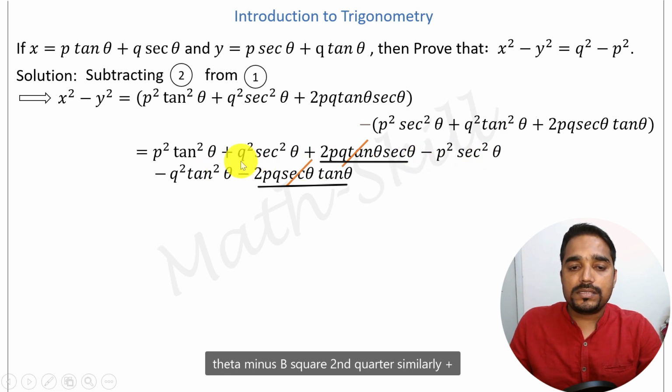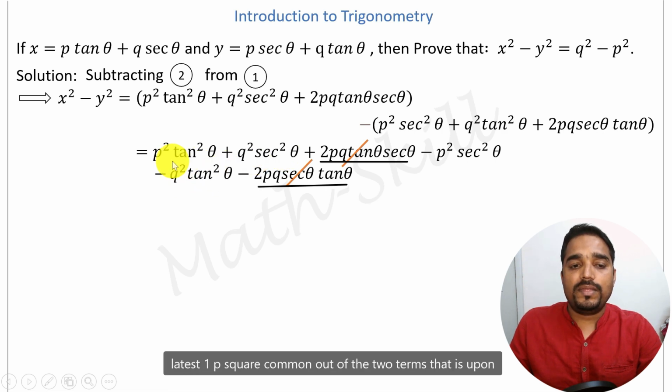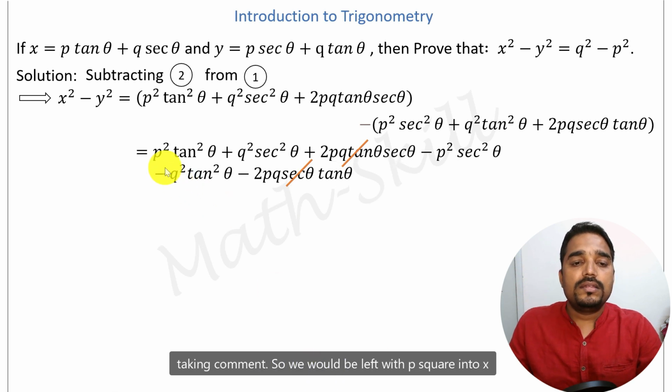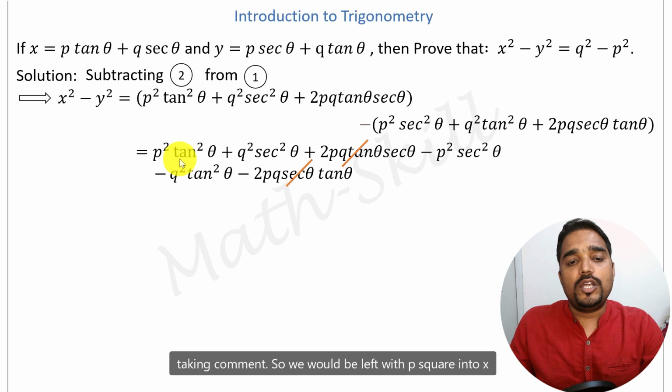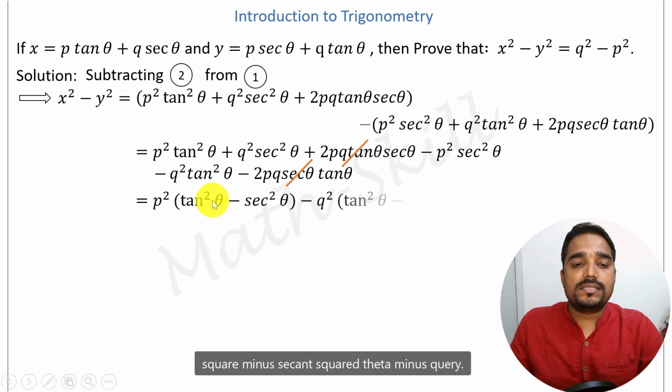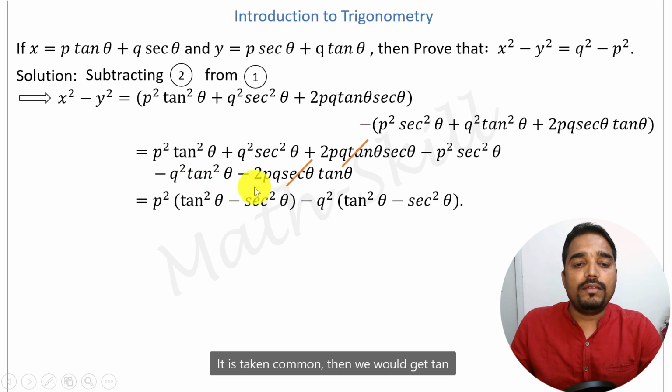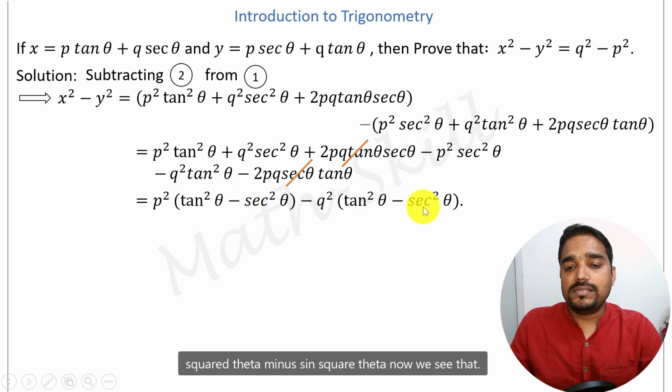Similarly, plus q square secant square theta minus q square tan square theta. Let us take p square common out of the two terms. Upon taking common, we would be left with p square into tan square theta minus secant square theta, minus q square into tan square theta minus secant square theta.